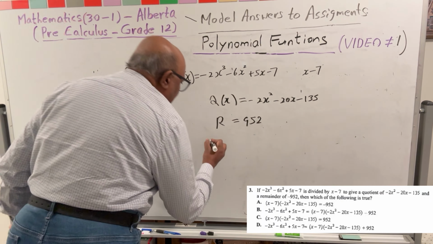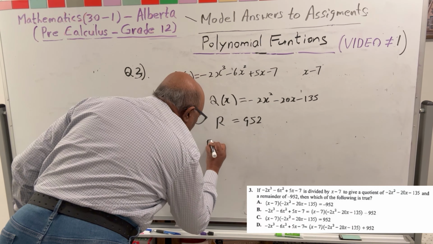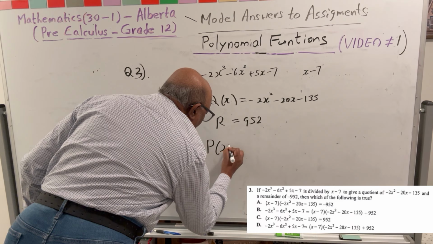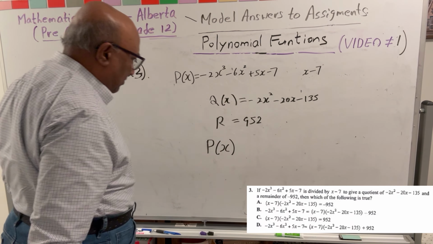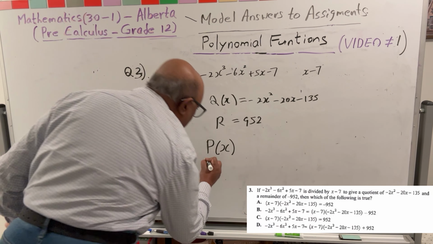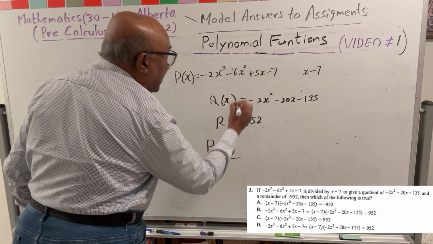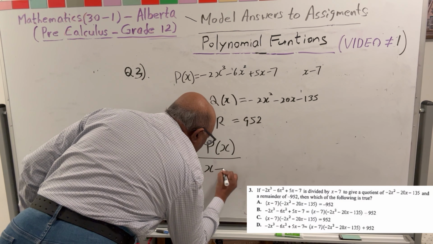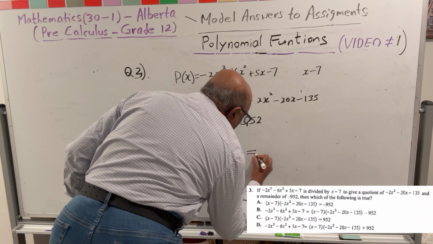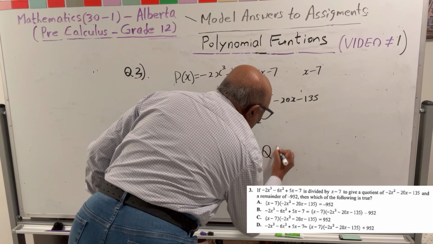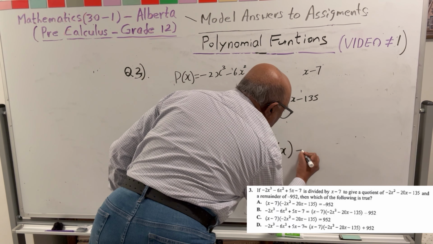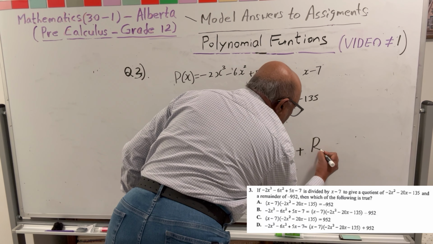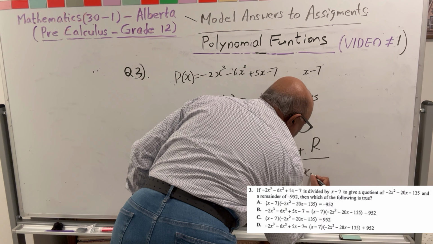In general, this is the formula for the polynomial after division: P of x divided by x minus a is equal to Q of x plus remainder divided by x minus a.